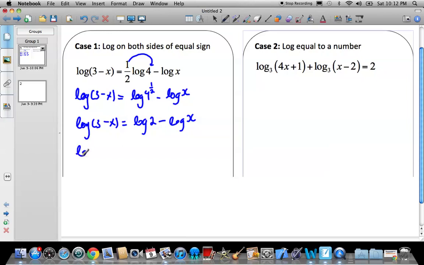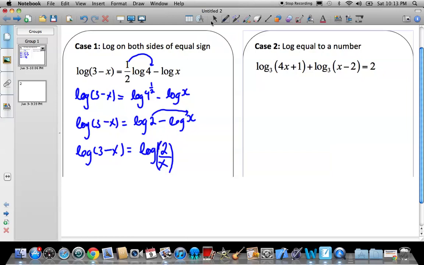So log 3 to the x is equal to log of 2 times x. Sorry, I made a mistake, you should divide. You just divide what's inside the log functions. So 2 divided by x. That's as simple as it can happen. A little mistake like that, you've got to stay focused, guys.